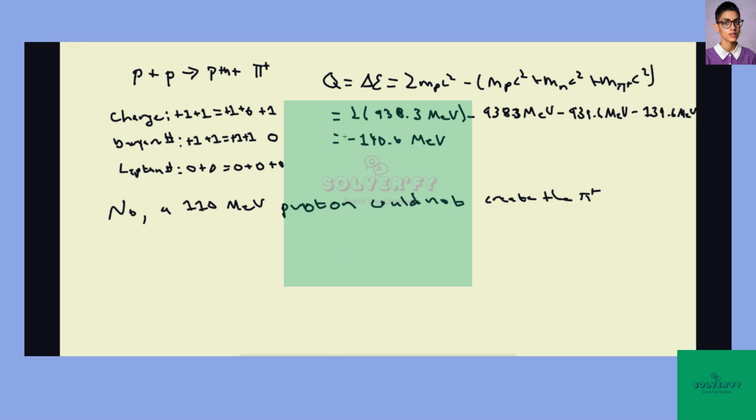Well, that's this. The proton must have 140.6 mega electron volts of kinetic energy in order to create the pion.